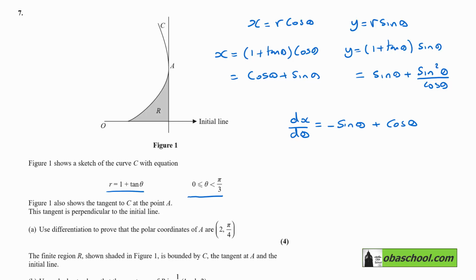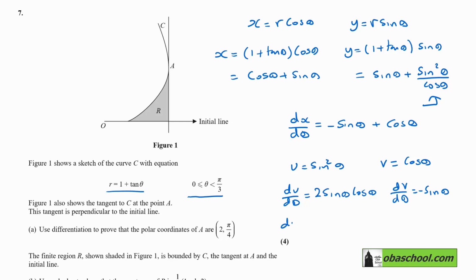Now to do dy d theta, we've got to take into account that we have a quotient just here. u is equal to sine squared theta, v is equal to cos theta. So du d theta would be 2 sine theta cos theta, and dv d theta would be negative sine theta.